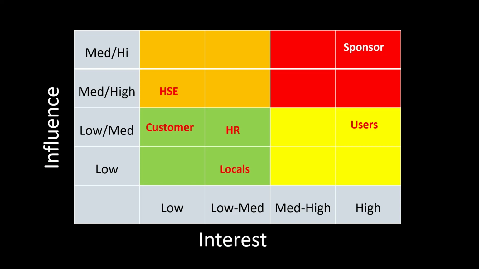So just to recap that and to put that in other terms, people with high interest and high influence, we need to make sure we manage them quite closely. High interest but low influence or low power, really good idea to keep them informed about what's going on, to keep them happy and just make sure that they understand where we are in the process.